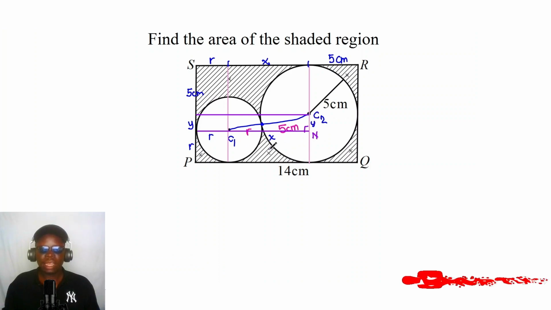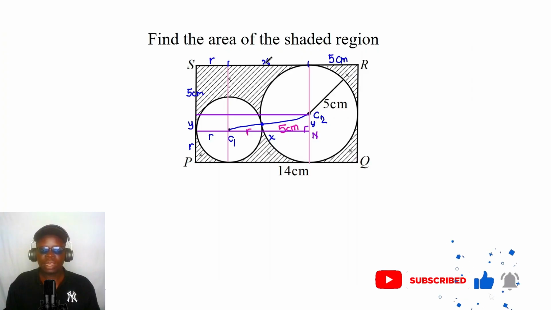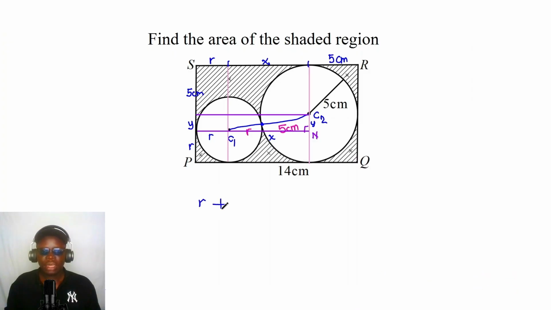How do you get this X and Y? For us to be able to get X, we need the sum of R plus X plus 5. Let's go on and do that. So we have here R, if we add X and add 5, we should be able to get the total distance SR. SR is the same as PQ, and that is 14.